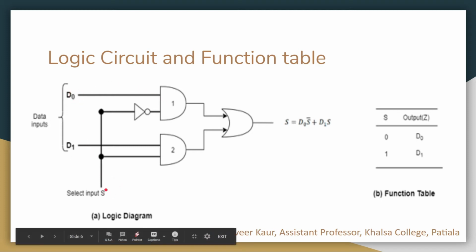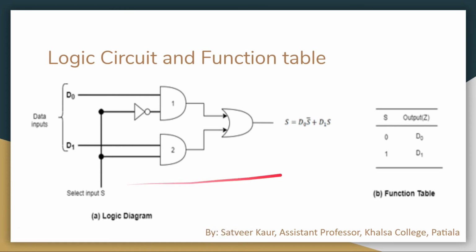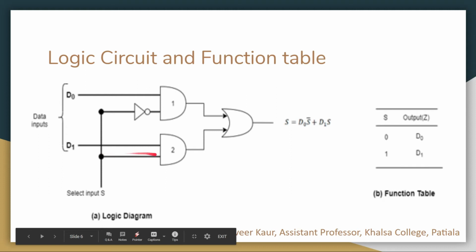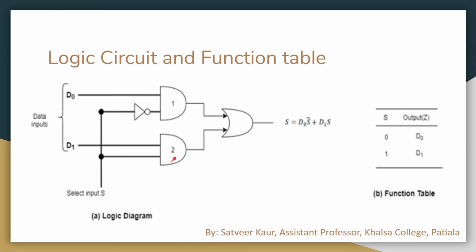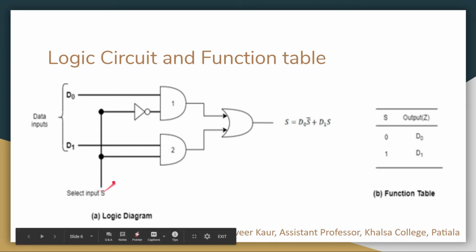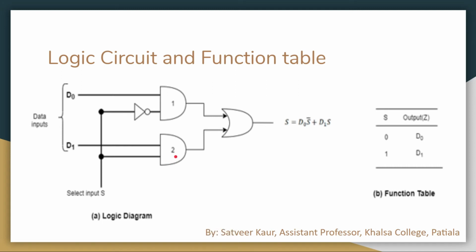If the value of S equals 1, according to the function table, 1 will be directed to gate number 2, and as it will be inverted here, 0 will be directed to gate number 1. So gate 1 will be disabled but gate 2 will be enabled due to S equals 1. So the output will be Z = D1.